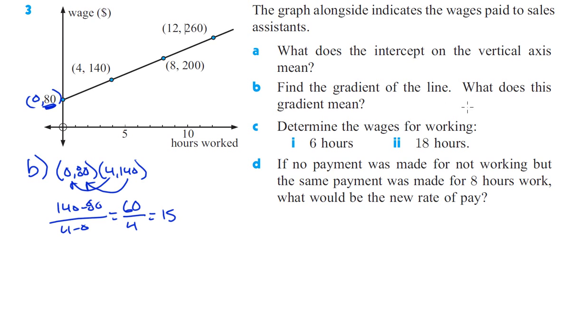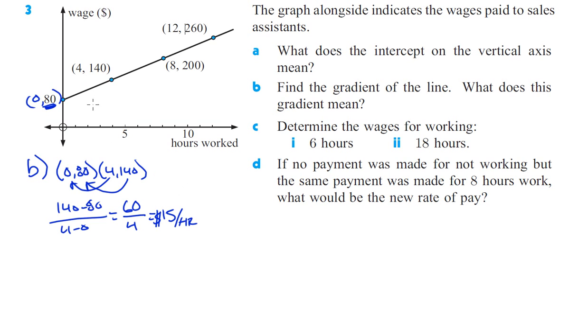Okay, so we found the gradient of the line. What does this gradient mean? This is 15, and it's always the Y first, the wages, so that's $15 per hour. That's what they're making for every hour that they work, 15 bucks. Okay, determine the wages for working 6 hours.